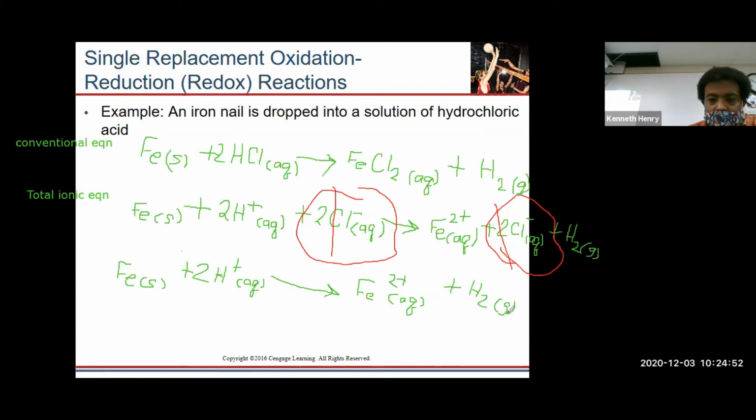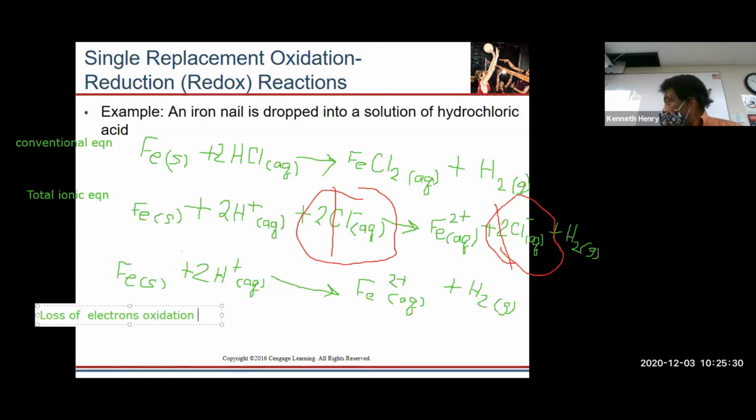Yeah. Okay, excellent. So this allows us to talk about one other thing. Oxidation reduction. So I think we talked about this last time. So, loss of electron is oxidation.